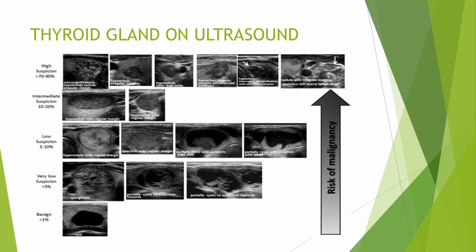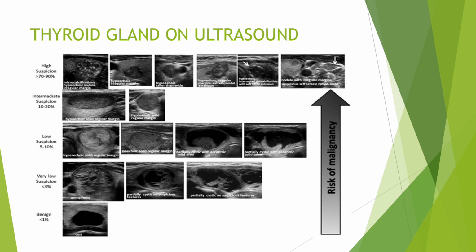As we go down the images, there's a lesser chance of suspicion. If the nodule is hyperechoic or isoechoic, then there's low suspicion of malignancy, ranging from 5 to 10%. This is also true for lesions which are partially cystic with eccentric solid areas, and the nodule here in the last picture, which is also a partially cystic nodule with an eccentric solid portion.